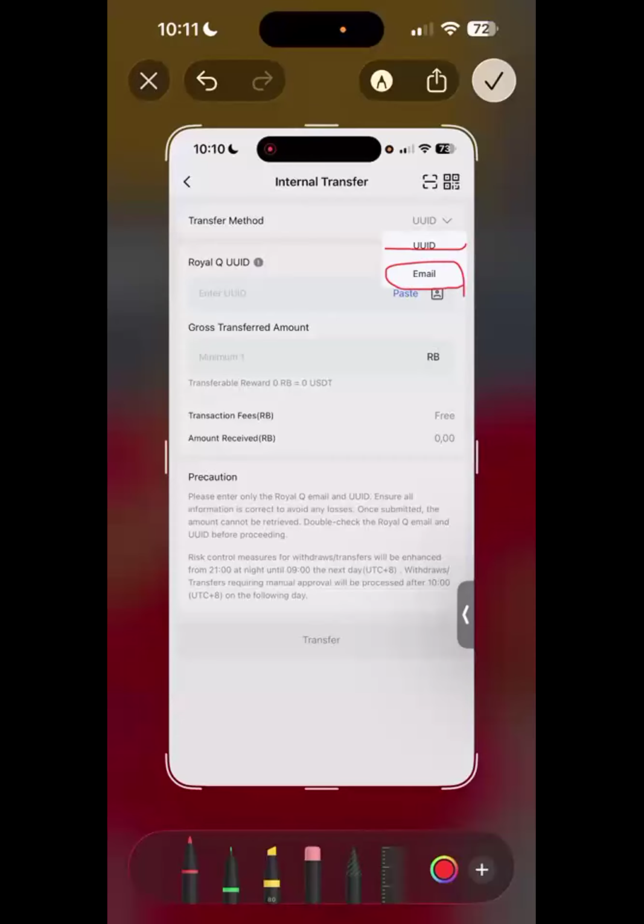I always advise UUID because you cannot let your email be flying all over. Okay? So paste the person's UUID here, write the amount you want to transfer, then tap on the transfer button. You send verification codes, then voila, the money gets there instantly.